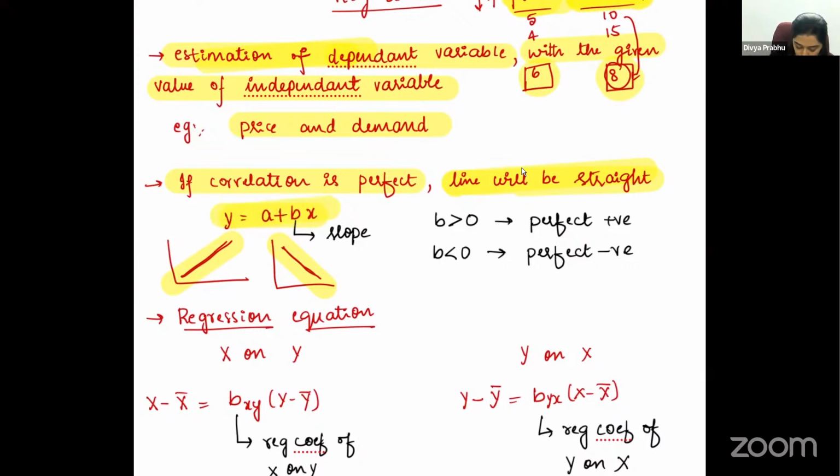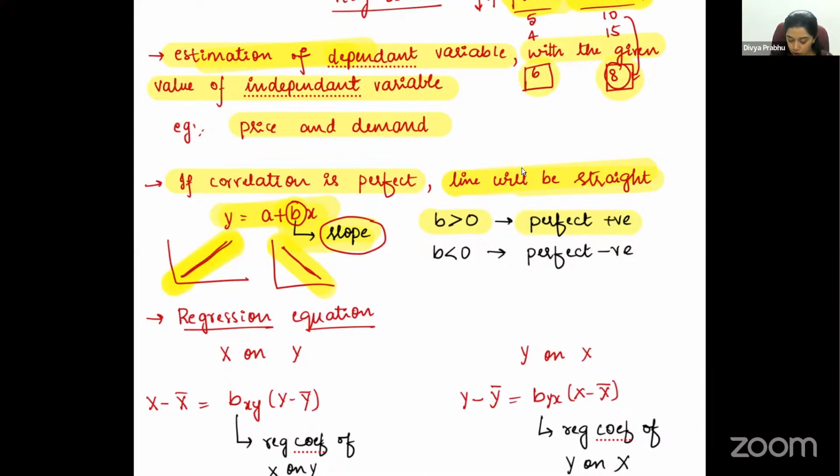In that linear equation, b denotes the slope. Whether the straight line will be an upward line or a downward line depends upon this slope, which is the value of b. If the value of b is more than 0, then your line will be perfect positive, which is an upward slope.